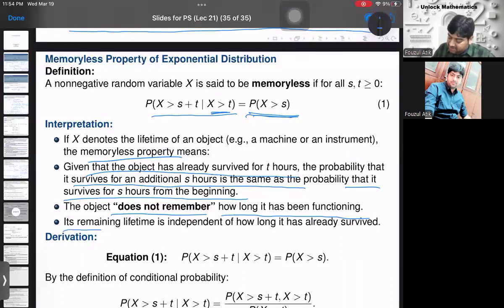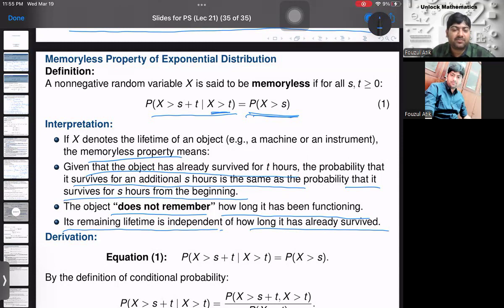So its remaining lifetime is independent of how long it has already survived. That means if some machine has already survived for 10 years, then the probability that it will break down within 1 year is the same as the probability, from the beginning, that it will break down within 1 year.